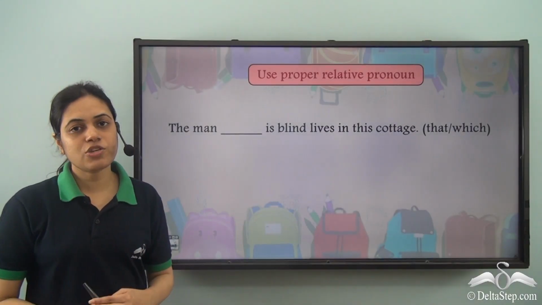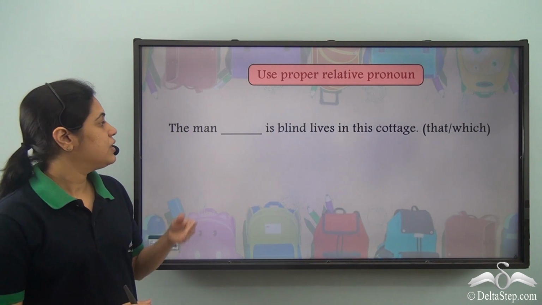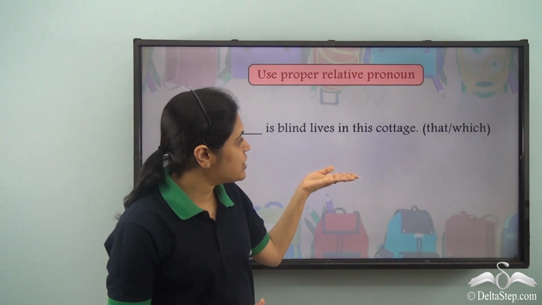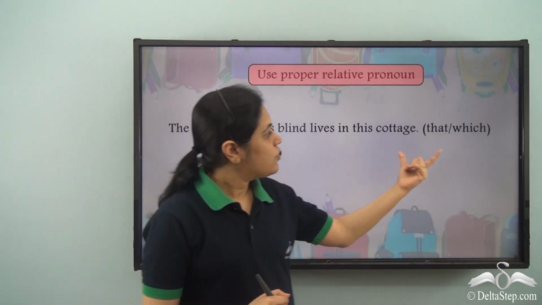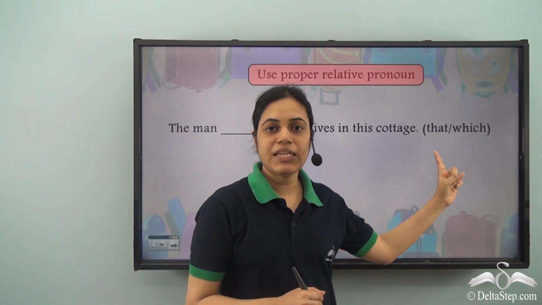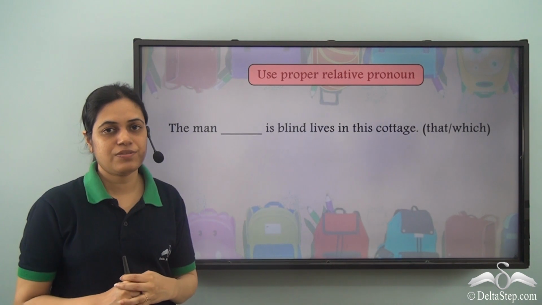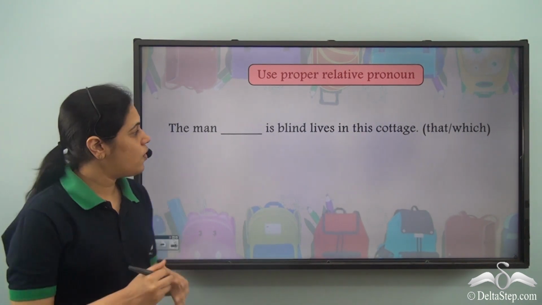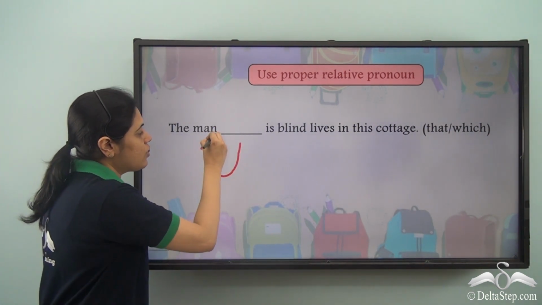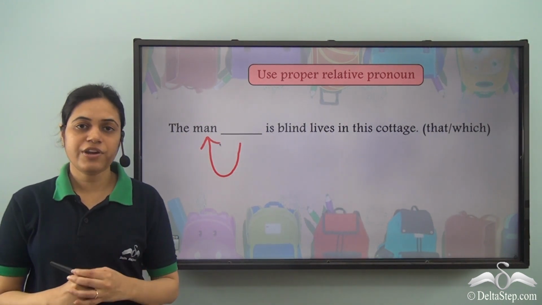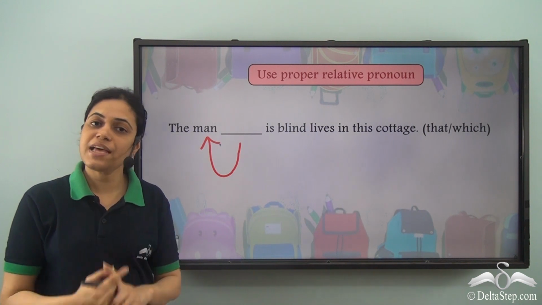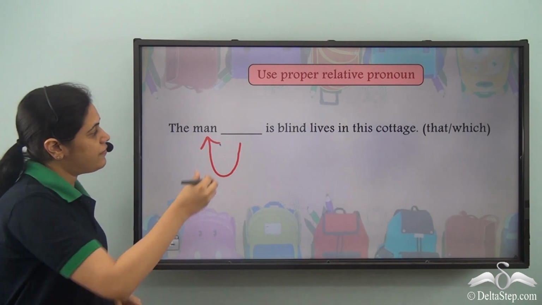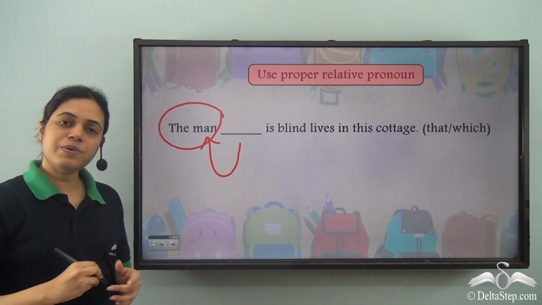Now can you answer this on your own? The man dash is blind lives in this cottage. You need to write either that or which. Now this pronoun over here will refer to the man. I know that which is never used for people, whereas this man is a person.